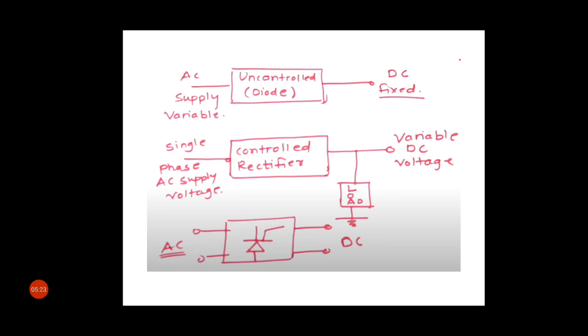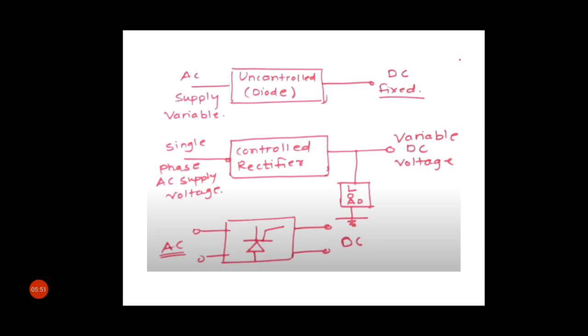Okay, now when we go for AC, we have seen a different turn off mechanism, and it can be either natural or forced. But when it is forced, we have input as a DC voltage.